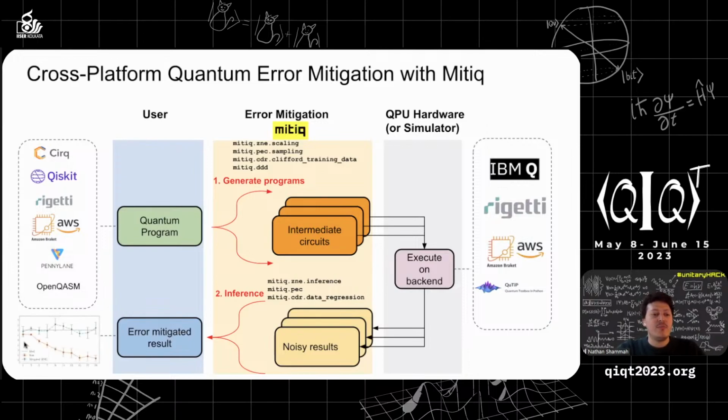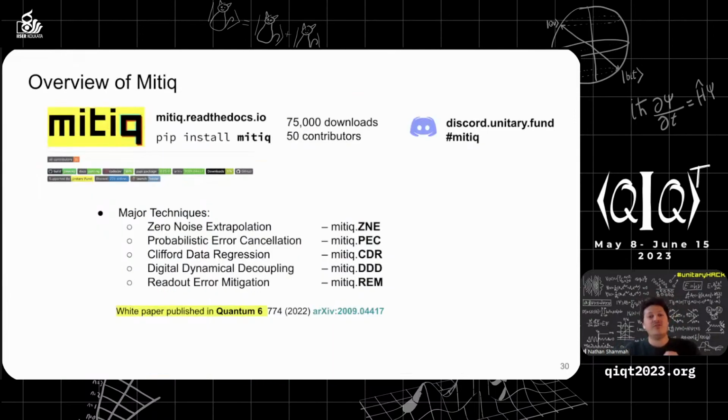What one obtains is then an error mitigated value, as you see here, that should approach the ideal value of 1, for example, for a benchmark case. We also have a lot of benchmark circuits that one can run to test if the technique is working as expected for the given problem of choice or for a new quantum error mitigation technique.